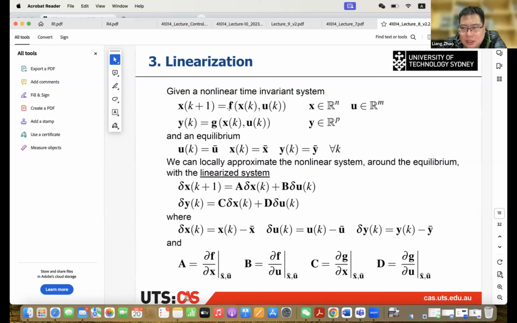F is this function. B is the partial derivative of f with respect to u. C and D are related to g, the partial derivatives of g. So we have the function f with two variables x and u, and g with two variables x and u, and we just take derivatives with respect to these variables.